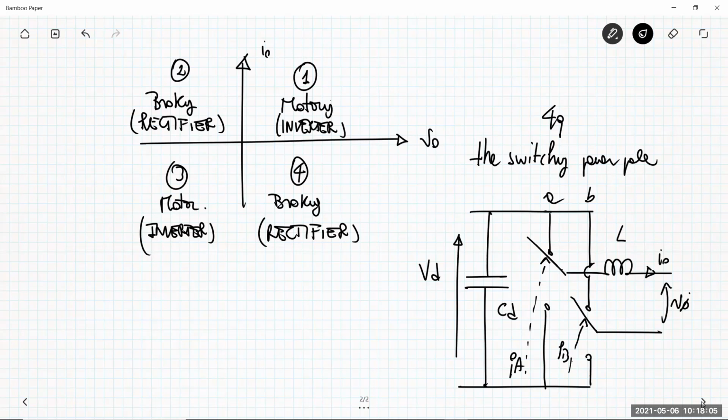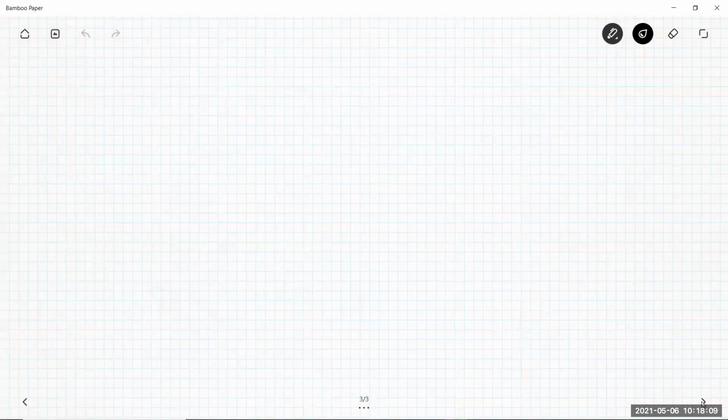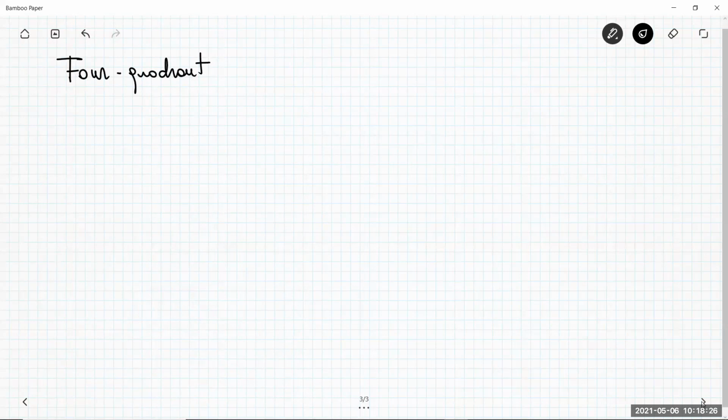Okay, so let's discuss something that we already learned in the previous lecture, the four-quadrant switch mode converter, but now with some difference due to the fact that the output voltage is a sinusoidal one.